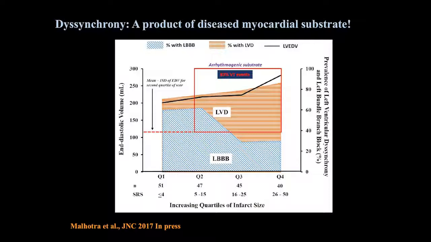That could involve electrical abnormalities, LV dilatation or how dilated your ventricle is, and scar burden, and we think that a combination of this abnormal myocardial substrate makes the ventricle arrhythmogenic. And this combination of the myocardial substrate likely manifests itself as mechanical dyssynchrony that we can image with radionuclide imaging.